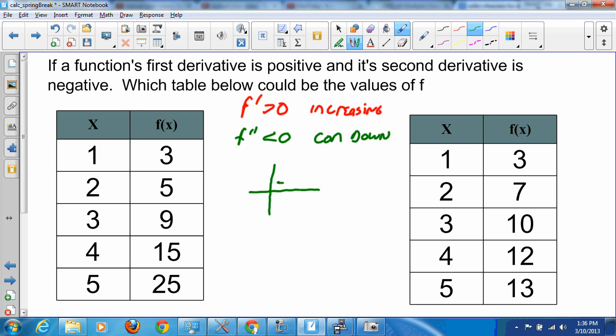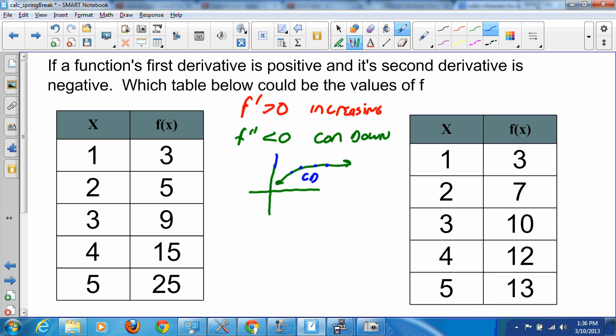If it's increasing and concave down, it has to always get bigger, but it's not getting bigger at a faster rate. The second derivative is decreasing, right? So something like this. If we look at it a little bit closer, for each value, it's a little bit taller than the next one, right? It's getting taller, but it's not growing at a faster rate, so that's why we get a concave down situation here.